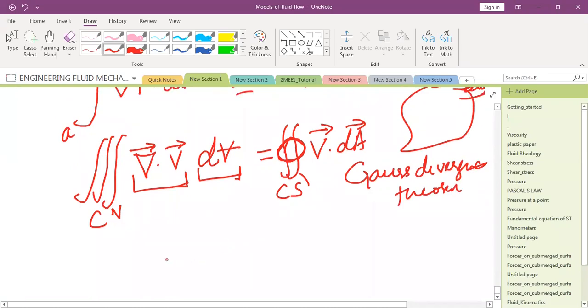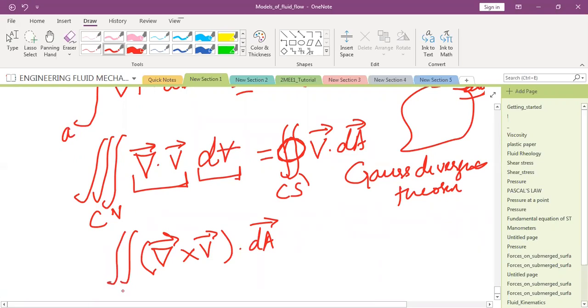And the third one is, now help me do this, the integral of a derivative. Now the derivative is curl. So by logic, what should it be? This is a vector, I want to convert it into a scalar. So this is the integral of a derivative over some region in space. Here the region is a surface, so I will have a surface integral. But please remember, here the surface is not a closed surface.